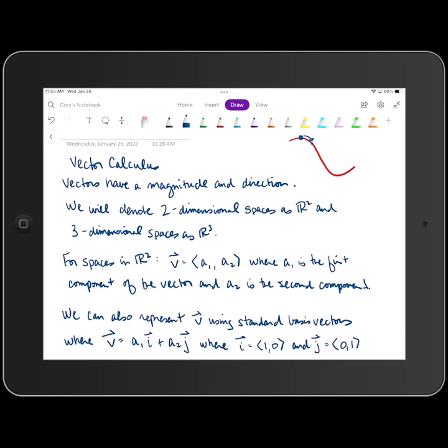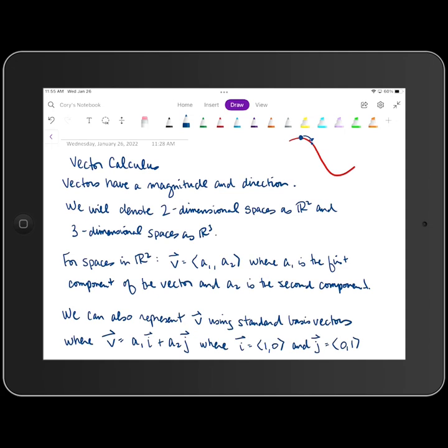Okay, so for spaces in R2, which are two-dimensional spaces, vector v, there are two ways that you will see a vector expressed. It'll be the letter for whatever the vector is, which in this case is v, and it has a half arrow on top of that letter, like a ray in geometry. Or you'll see vectors expressed with whatever letter you use for the vector bolded.